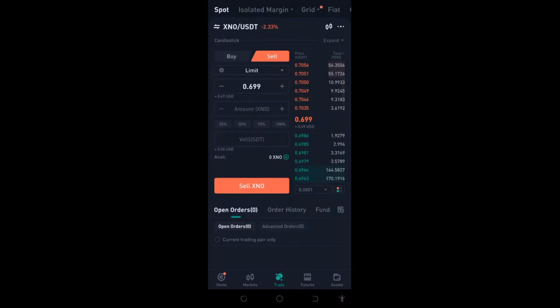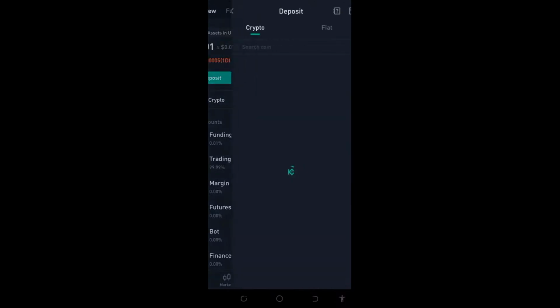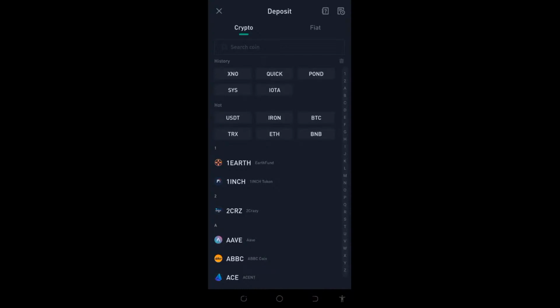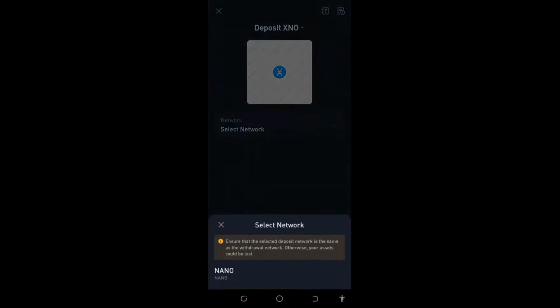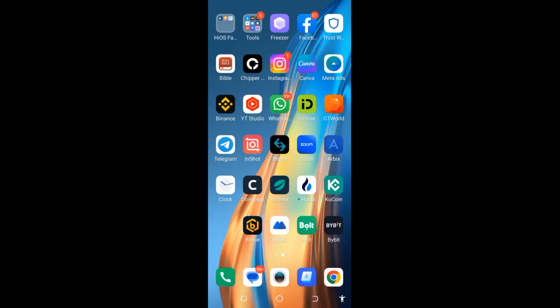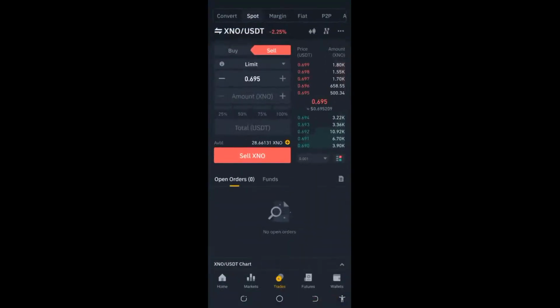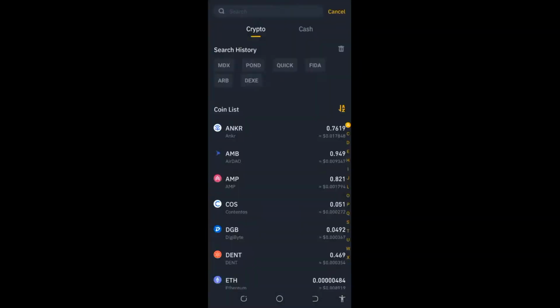But let's quickly pick our deposit address. Let's do this quickly, we don't want to waste time. Let's click on this. So let's quickly withdraw our nano.